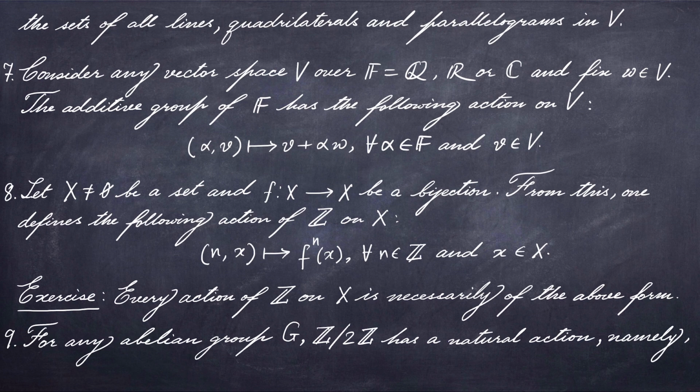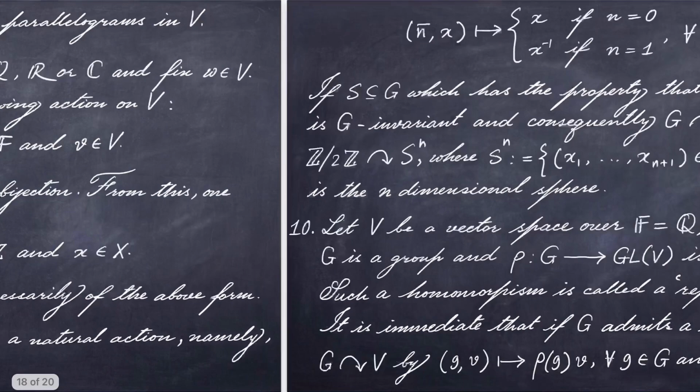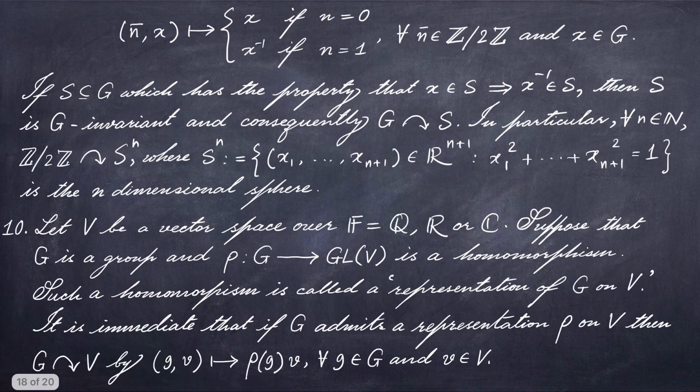Let's now go ahead. For any abelian group G, we now see that it has a natural action of the group Z modulo 2Z, which is in fact isomorphic to the multiplicative group plus minus 1. How is that action defined? It's an immediate one.